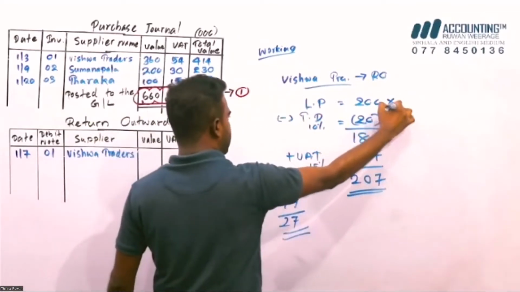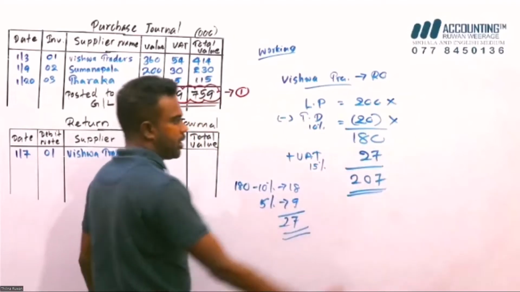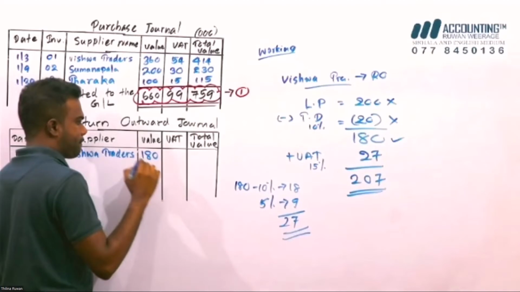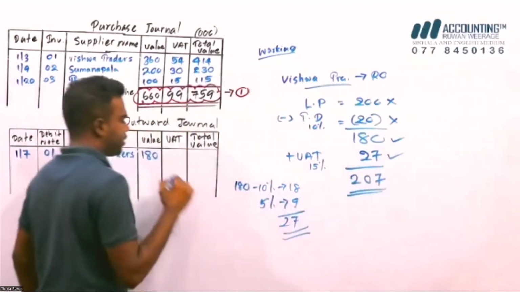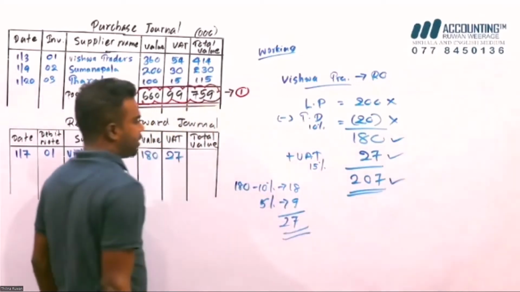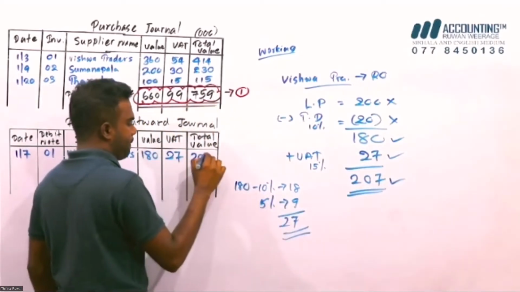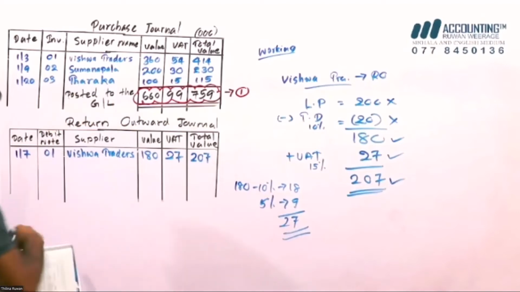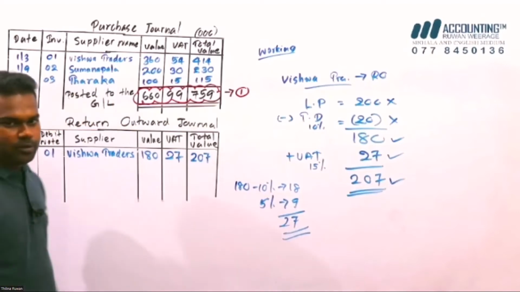You can't record these discounts. Record this one in the value column, 180. 27 is recorded in the value column. Then the total value with the VAT amount is recorded in the total value column.